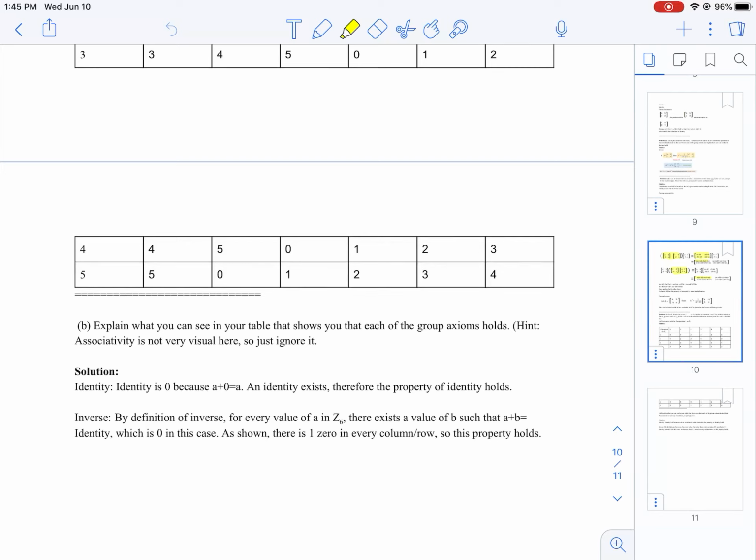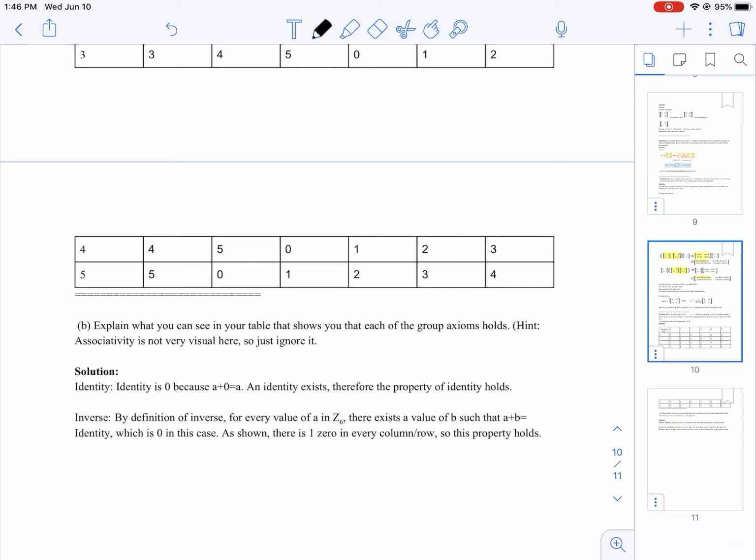And then one thing I think is cool is that you can see some of the axioms in the table. I mentioned in my last discussion video that what you don't want to do is, well, you can do this, but how do we know that there's an identity? Well, 0 is the identity, right? That's the first thing you need to do, say what the identity is. And how do we see that 0 is the identity?